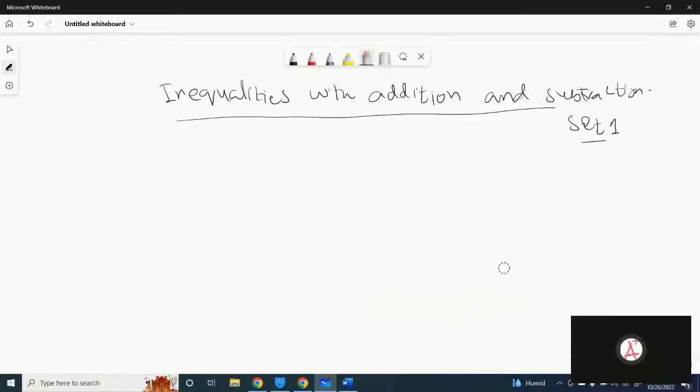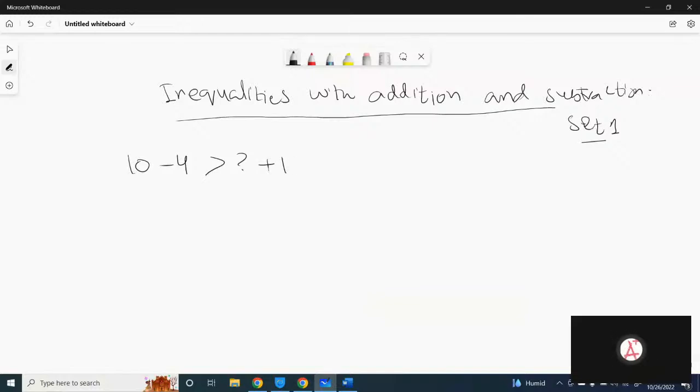Okay, let's start with examples. You are given an inequality. You need to see which number makes the statement true, and the example is 10 minus 4 is greater than the missing number plus 1.